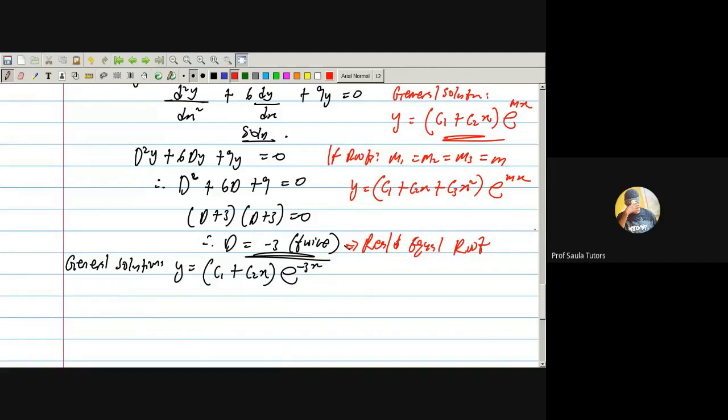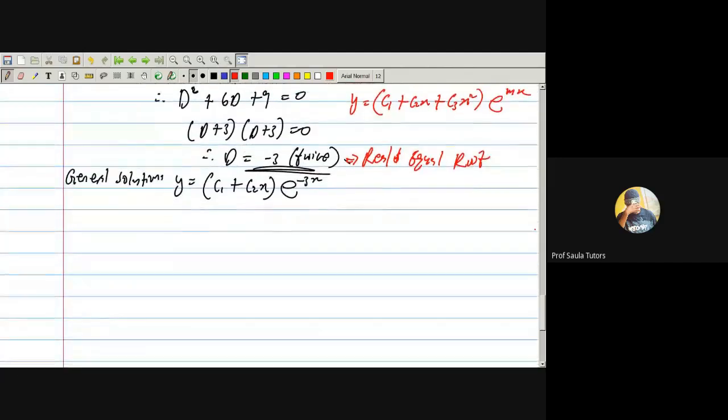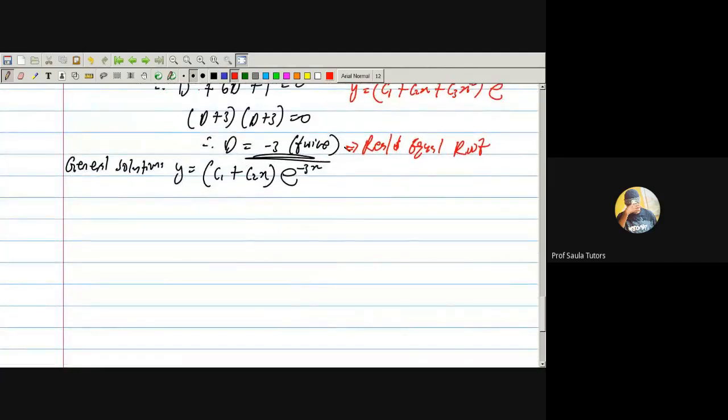So look at this one also. They ask us to find the general solution.